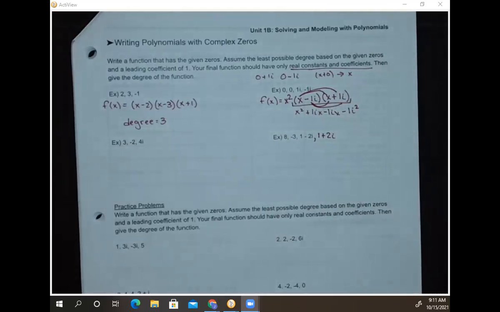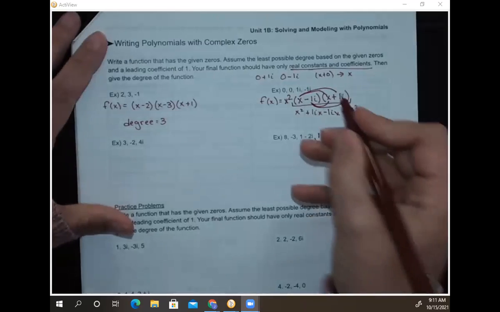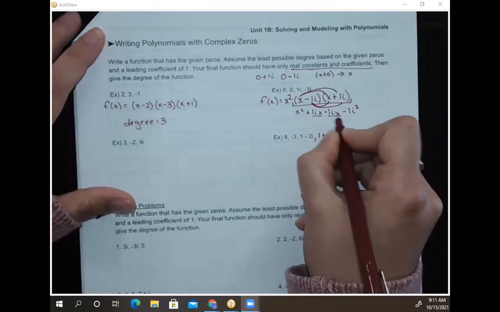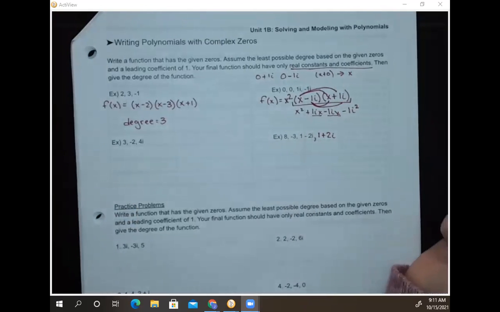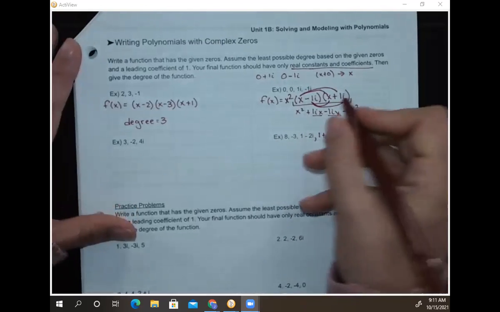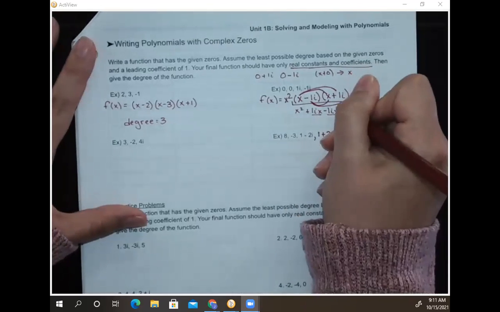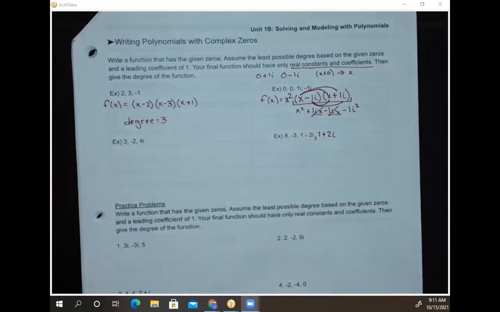And so that's what we're seeing here. When we multiply these back together to make our polynomial function, what happens is that the ix terms are going to end up canceling out, right? When I combine my like terms, 1ix minus 1ix means I've got no ix term left.